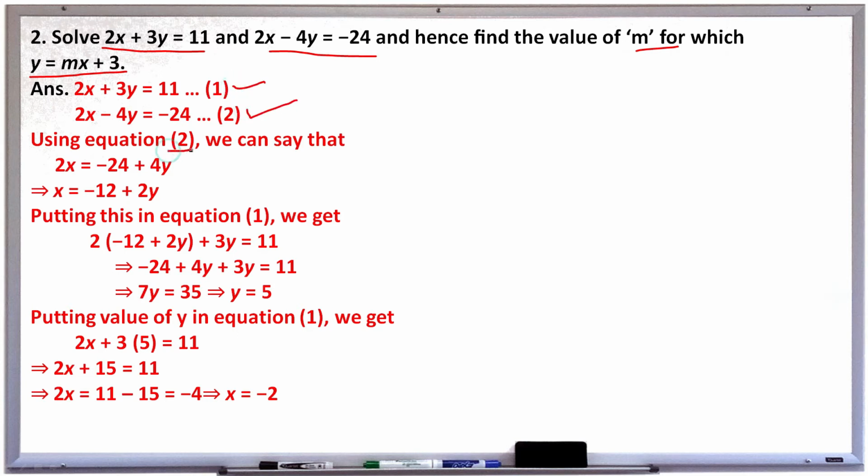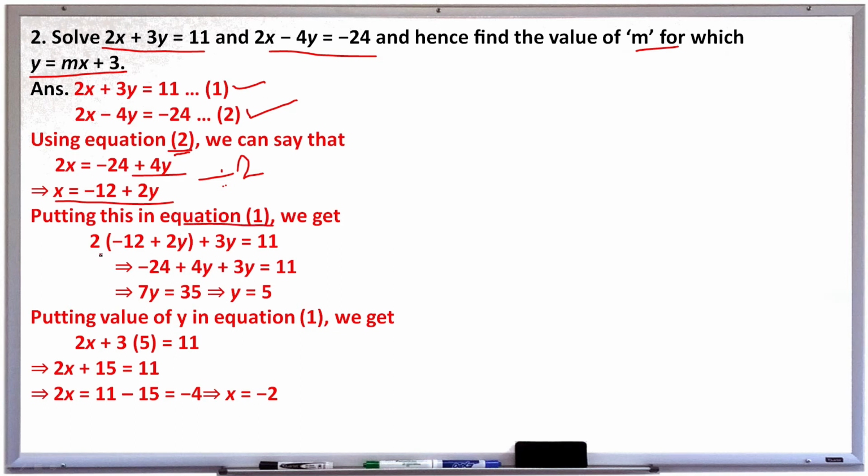Using the second one, we can say that 2x is equal to this minus 4y. You bring to the right side, it will become plus 4y. So you can divide the whole equation by 2. You will get x is equal to minus 12 plus 2y. Putting this value in equation number 1.